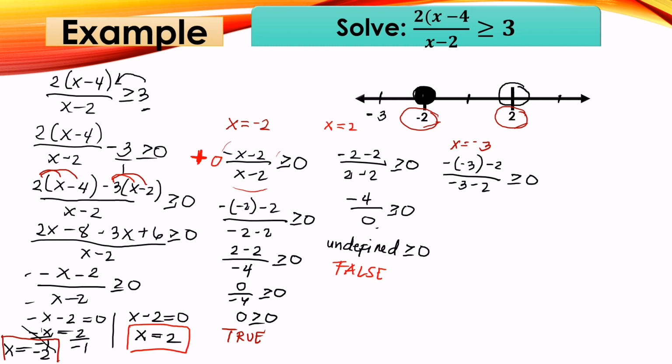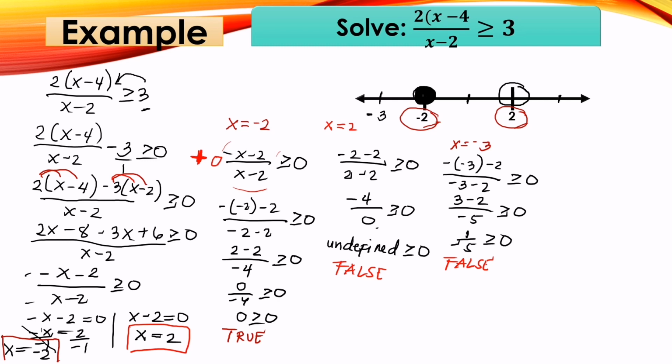So, negative times negative is positive 3 minus 2 over negative 5 is greater than or equal to 0. So, 3 minus 2 is 1 over negative 5. So, meaning, the result is a negative. So, meaning, this is false. Ibig sabihin, from negative 2, less than negative 2 is not included also.